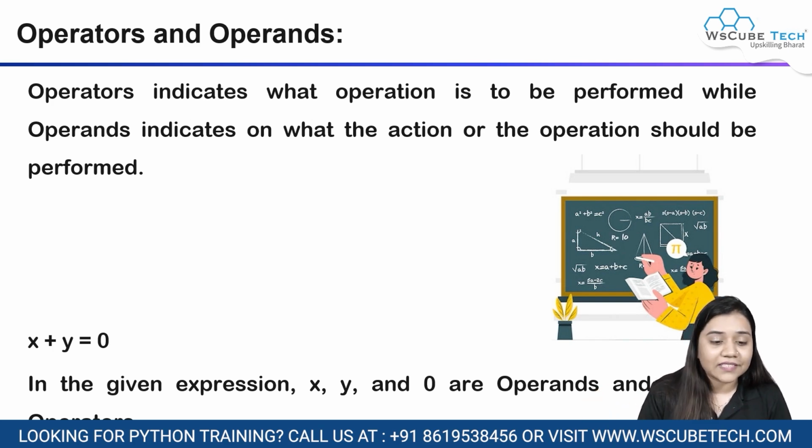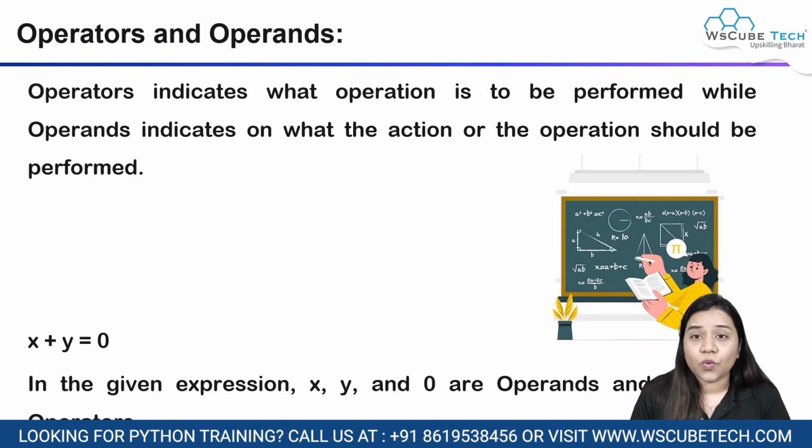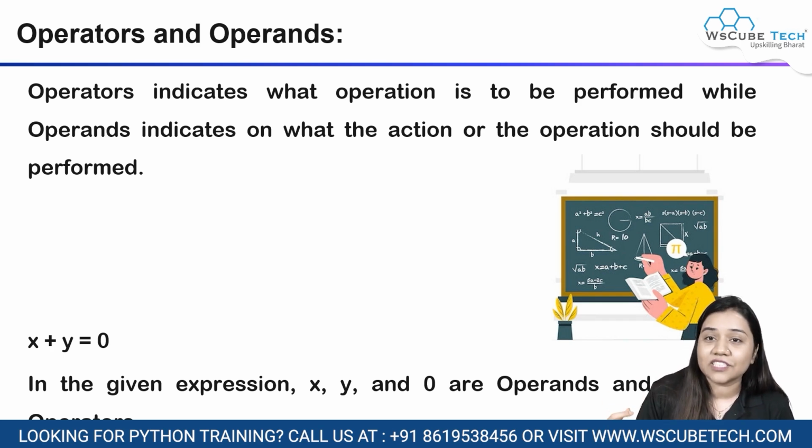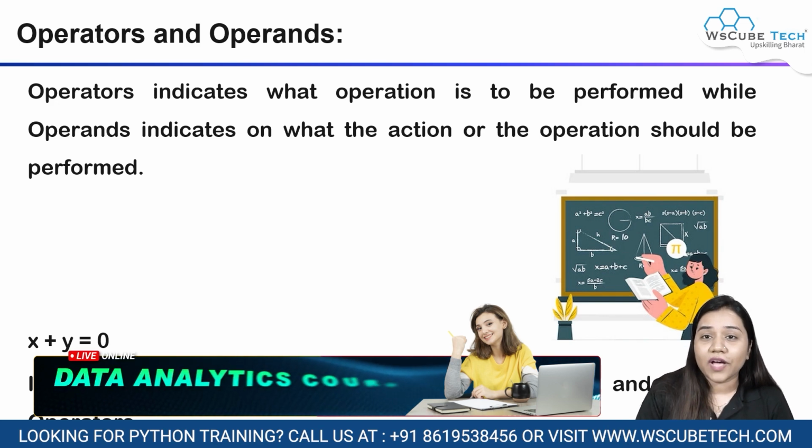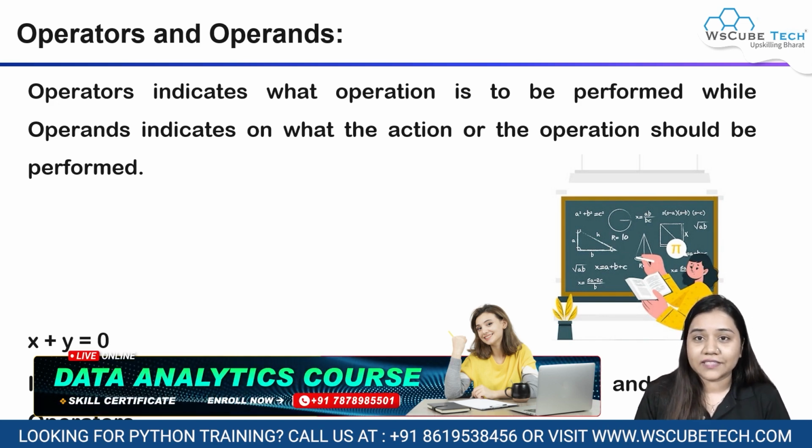So operands are the ones on which the action needs to be performed. On x, y and 0 the action needs to be performed, and what action is being performed over here? The plus and is equals to action. That's why plus and is equals to here are operators, and x, y and 0 are our operands. So guys, this was about operators and operands.